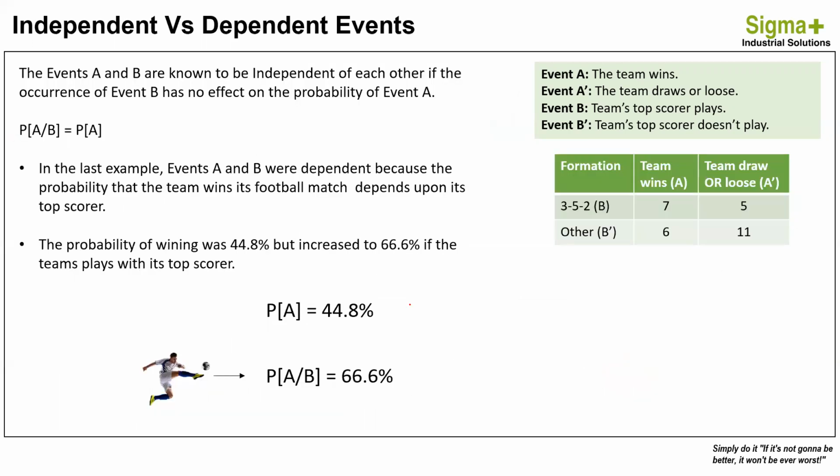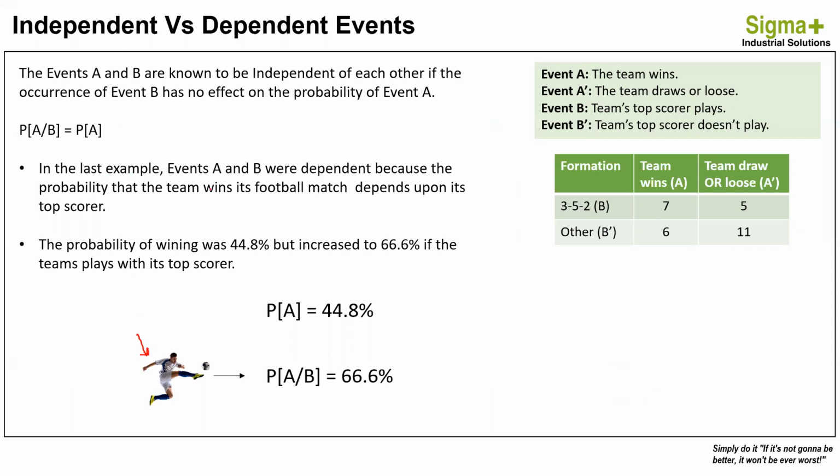Okay, so what we can conclude here is about the relationships between independent and dependent events, right? There is a dependency relationship between winning the matches and the participation of the best player, the top scorer.